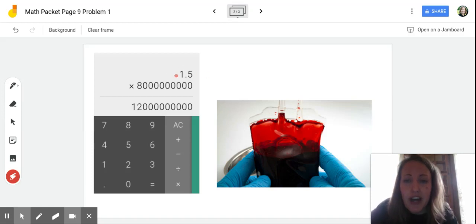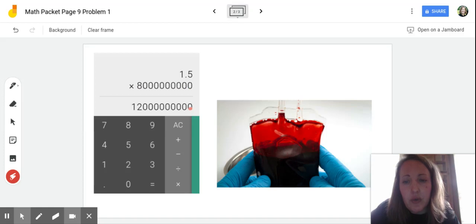I needed to figure out how much blood there is in the world. And so I took 1.5 gallons and I multiplied that times 8 billion people, right? That's 8 billion.